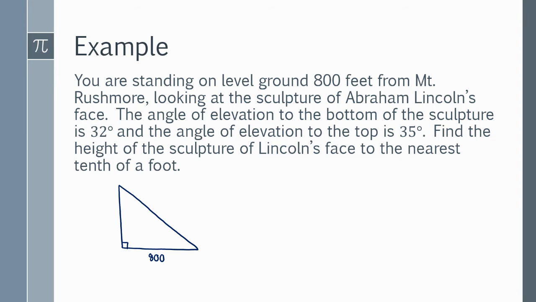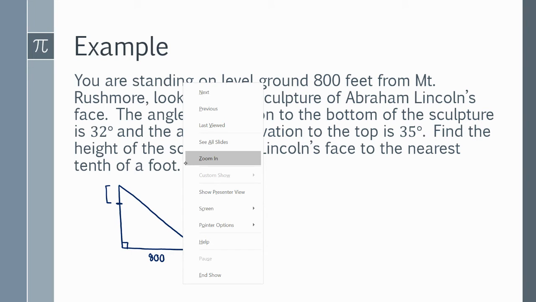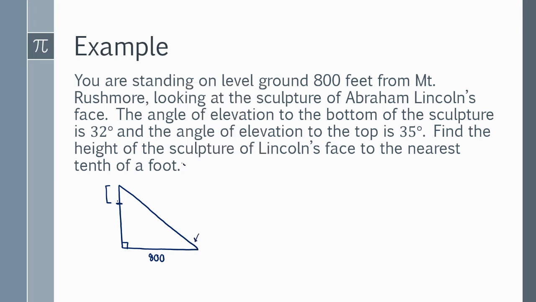So essentially, they're giving us two angles that are based off of his face. So think about this: where I have this line, this right here is Lincoln's face. We are technically going to have multiple triangles in this picture, and that's supposed to connect nicely from the vertex here.